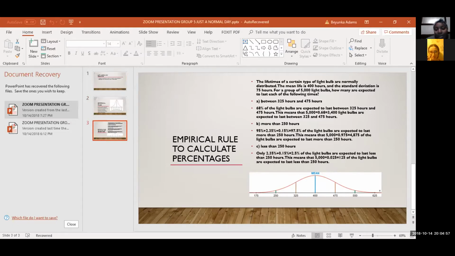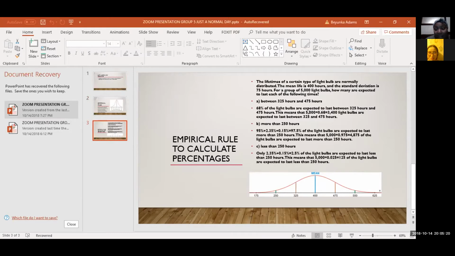So where it says A, between 325 hours and 475 hours, we look at the bell-shaped curve between 325 and 475 hours. 68%, that's right in the middle. So 68% of the light bulbs are expected to last between 325 and 475 hours.